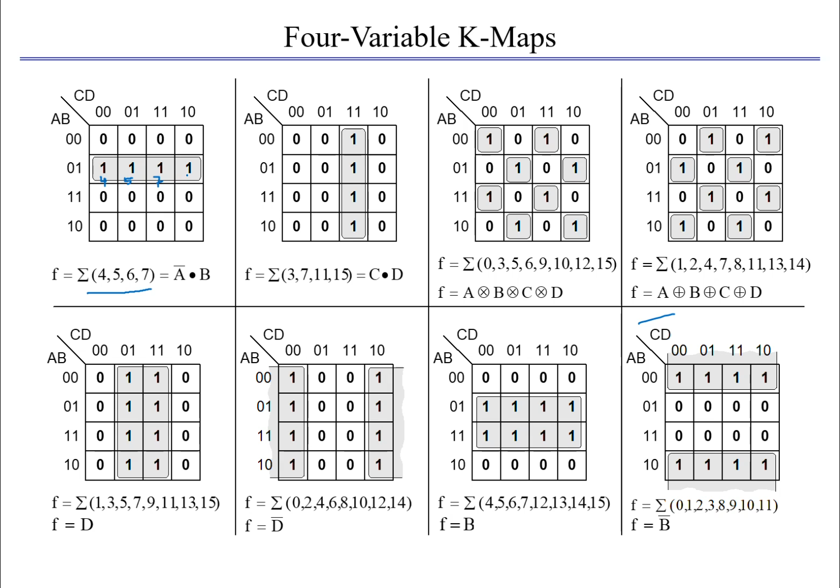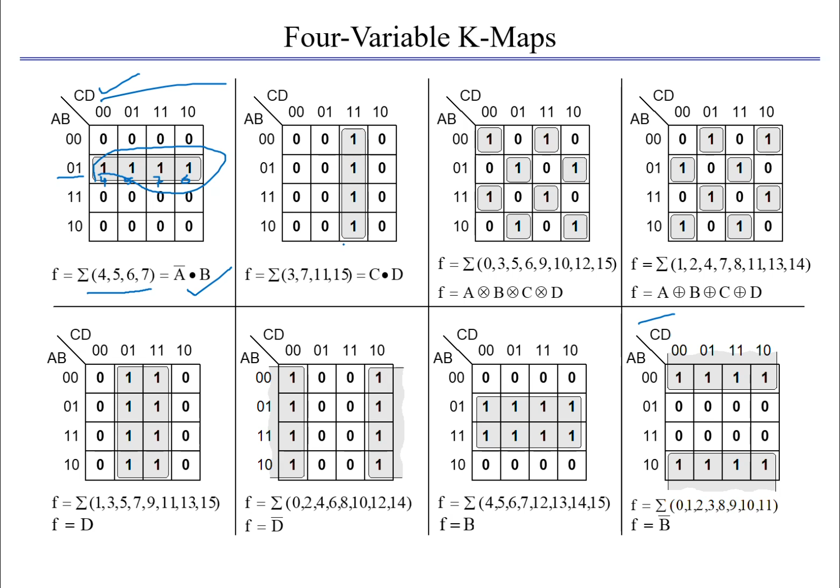Substitute in these cells, and the remaining cells are substituted with 0. As there are 4 ones, you combine all these 4 ones. C and D combinations all turn to 1, and hence we are getting only A bar B. This is the simplified Boolean expression.